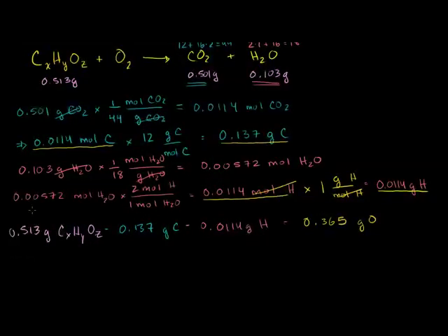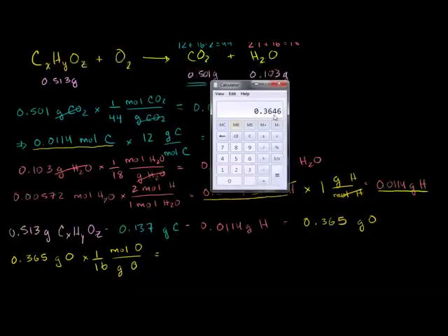This mystery acid has 0.365 grams of oxygen. We want to convert that to moles. So times, we want moles of oxygen in the numerator, grams of oxygen in the denominator, so they cancel. And we know the molar mass for oxygen is 16 grams per mole, right? The 16 has to match up with the grams. So this tells us that we have 0.365 divided by 16. So that's the number right there.